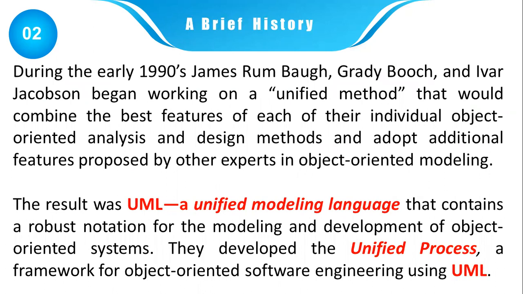The result was UML, a unified modeling language that contains a robust notation for modeling and developing object-oriented systems. So they developed the unified process, which is a framework for object-oriented software engineering using UML.